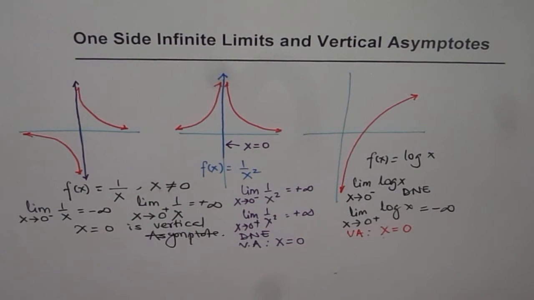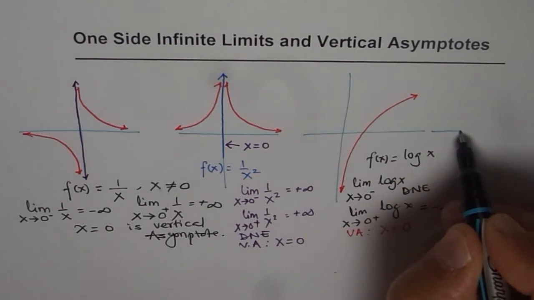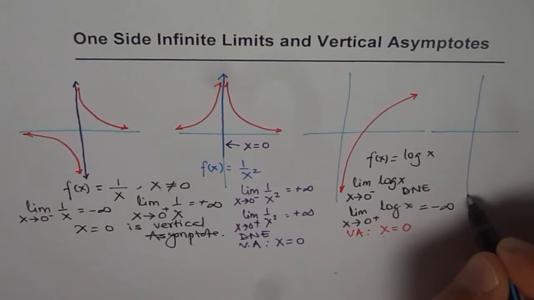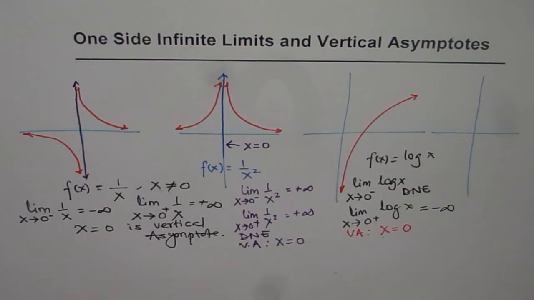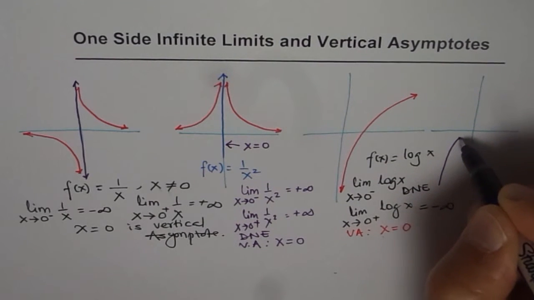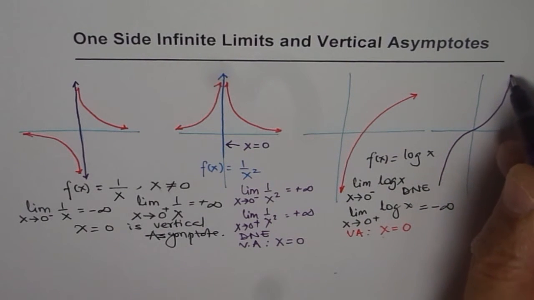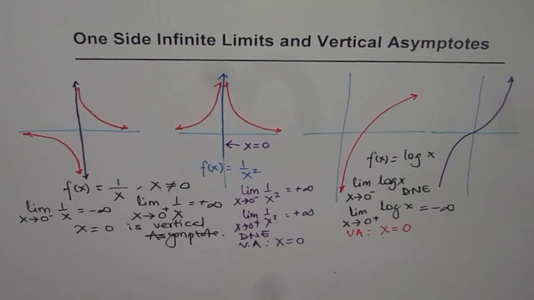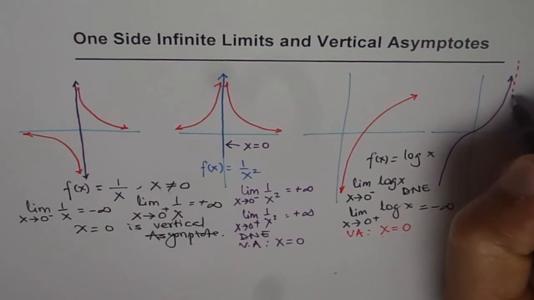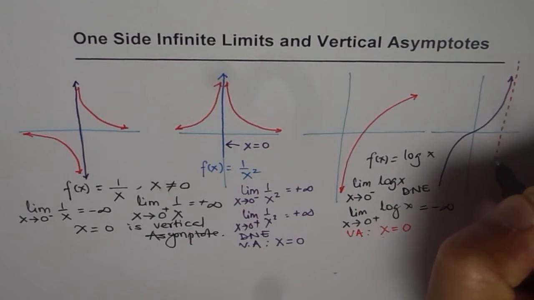I hope with these examples the point is quite clear. We can give many more examples. Let me take a trigonometric function, tan x. So tan x has vertical asymptotes. It looks like this, where the vertical asymptotes are at 90 degrees or minus 90 degrees.